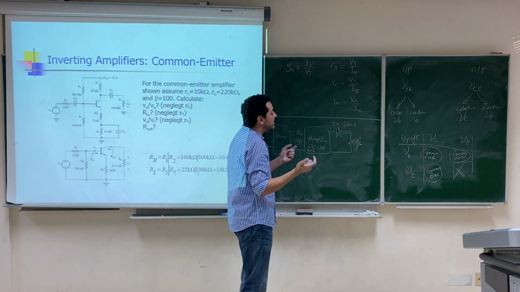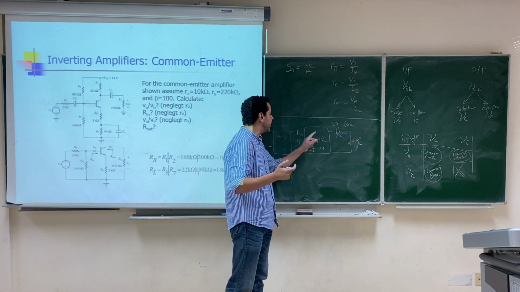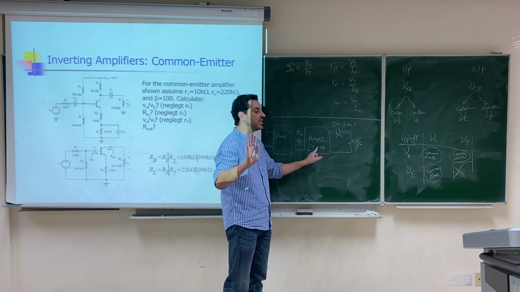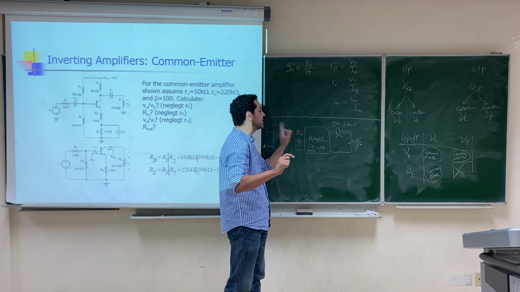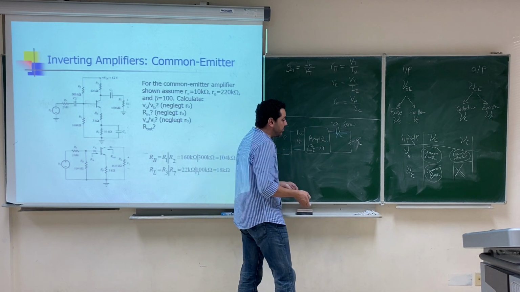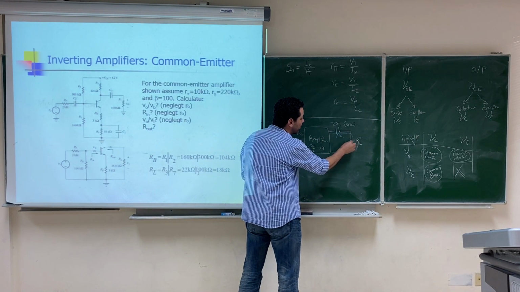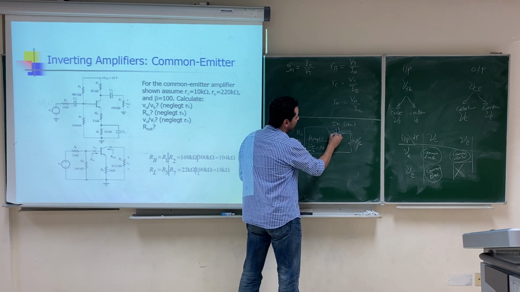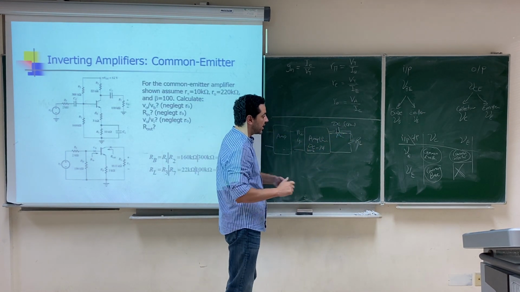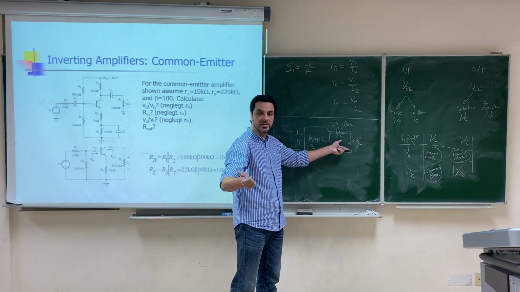So the DC bias point will not be affected by connecting RL here or connecting a previous stage here. The bias point will stay the same because it sees open circuit here, open circuit here. With respect to the AC signal that we will amplify, it will go directly to the load without any problem. It will see a short circuit and it will be amplified and go to the load, like your speaker or whatever.